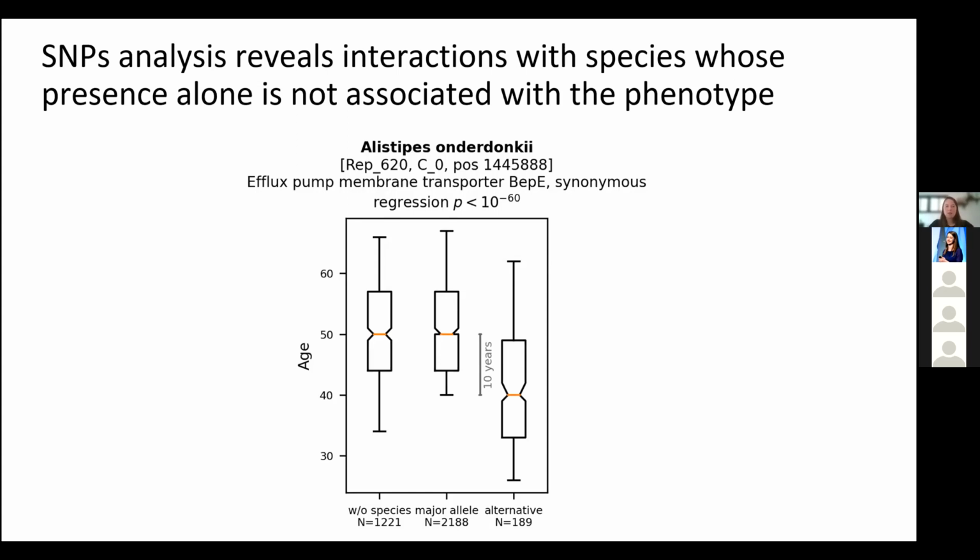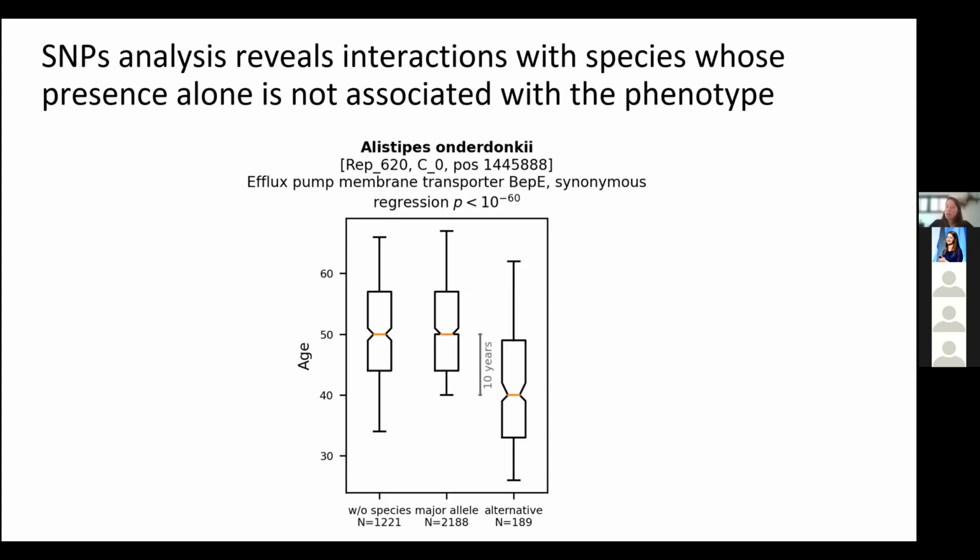What do I mean? At the beginning, I said that a very common approach to microbiome studies is asking whether the relative abundance of a certain bacterial species associates with host phenotype. So we wanted to know whether the associations we found are in species that are also associated by their abundance with the phenotypes. And in many cases they were, but in most cases they weren't.